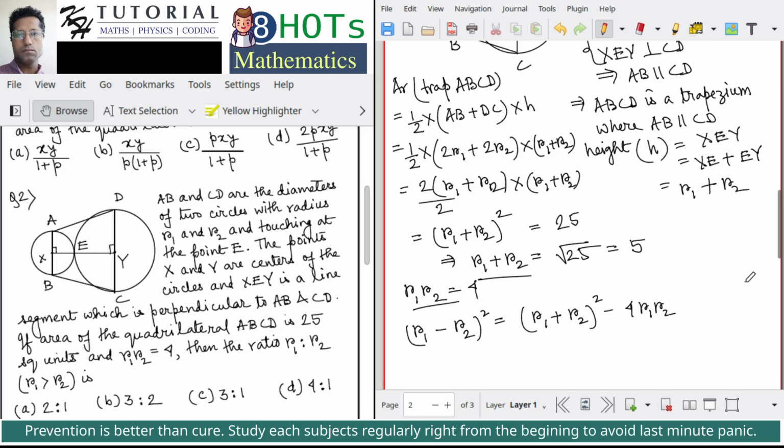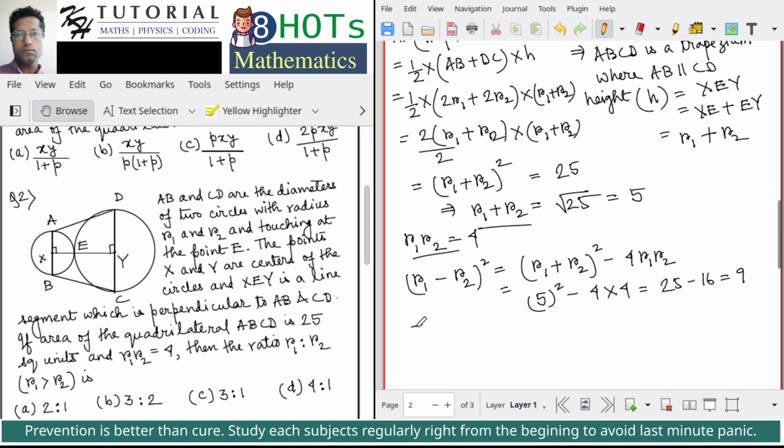This is an algebraic identity that A minus B whole square is equal to A plus B whole square minus 4AB. Now what is R1 plus R2 here? This is 5. So 5 square minus 4 times R1 R2, which is given as 4, so this is equal to 25 minus 16, which is equal to 9. So this implies R1 minus R2 is equal to the square root of 9, which is 3.